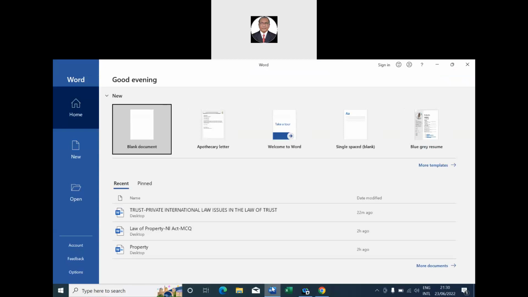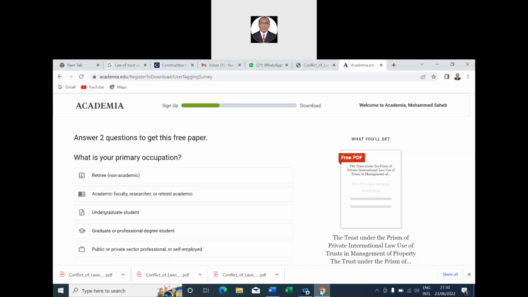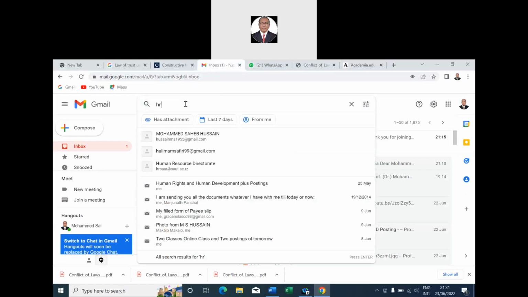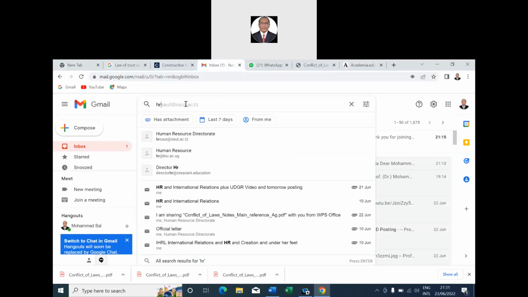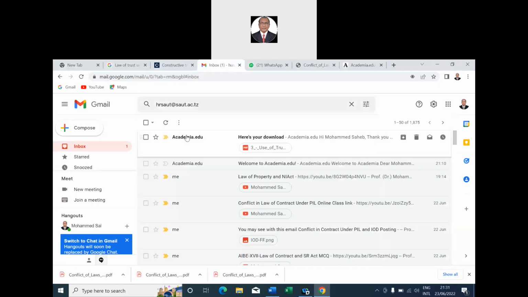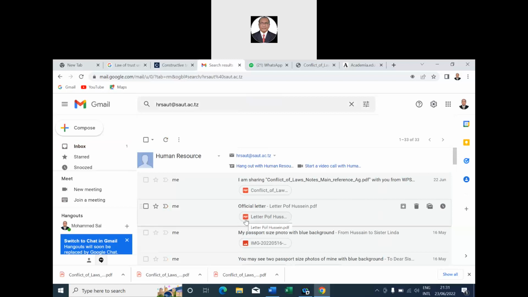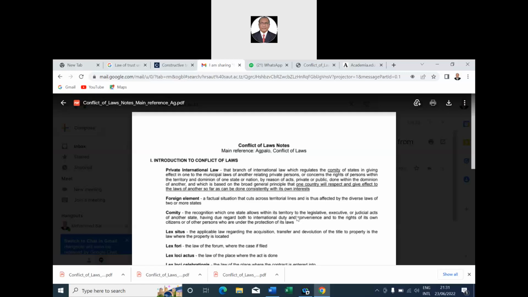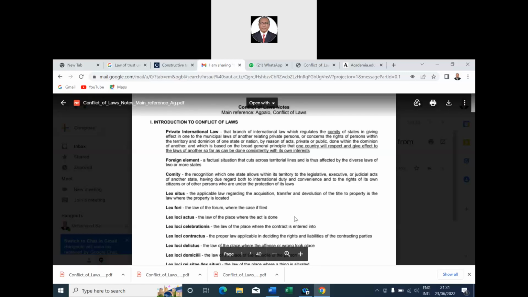Trust, private international law, trust property. Okay, this is the different cases. Now I will find it out by opening it. This is the thing which you did yesterday.